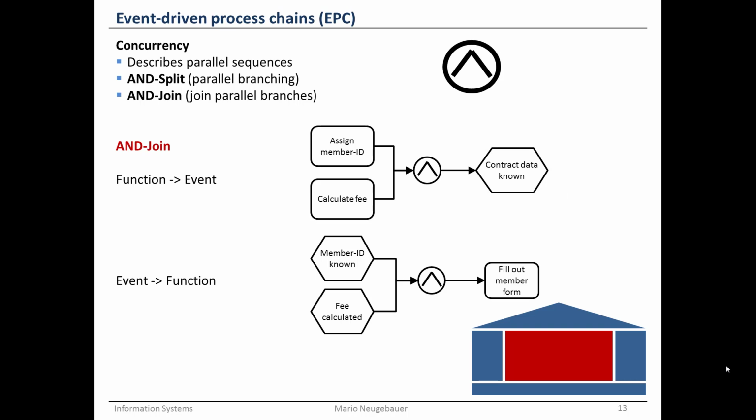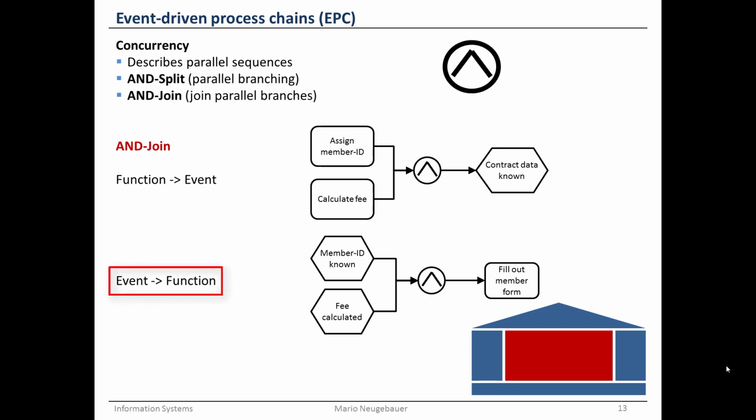So you aggregate these two sequences, which somehow contain the assigned member ID and the calculation of the fee, which were done in parallel. You join them together so that you only continue with one sequence of events and functions. So that's the first possibility, actually, to perform such an AND join.